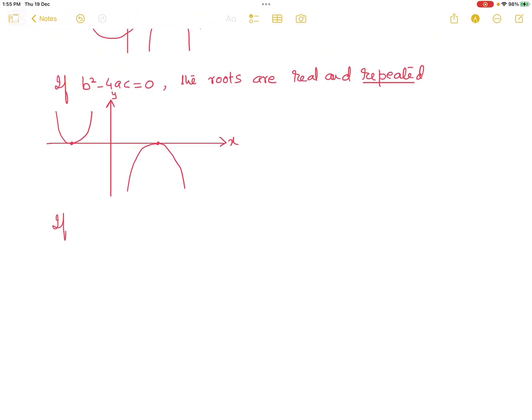Third one, if b square minus 4ac is less than 0, the roots are complex, or you can say no real roots.